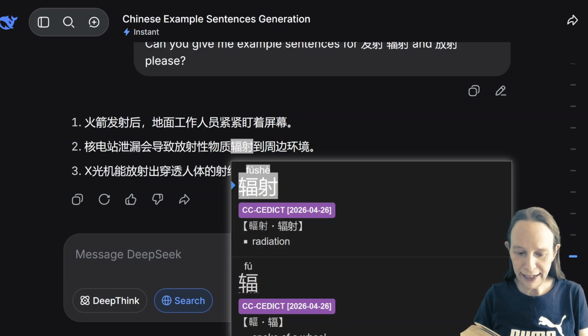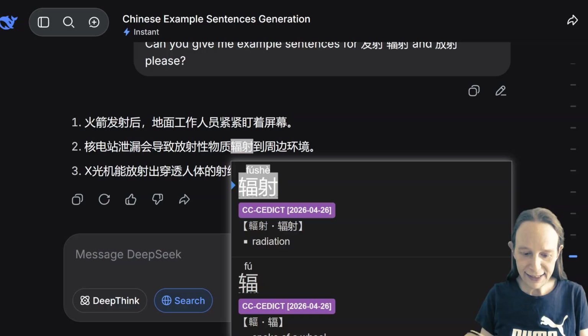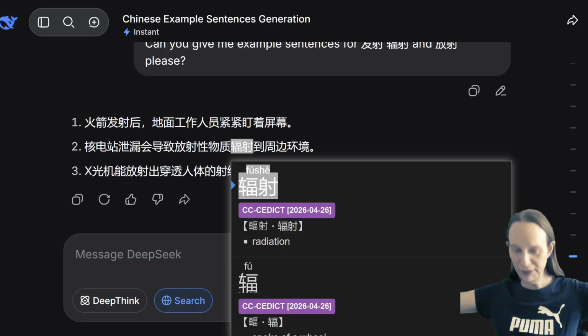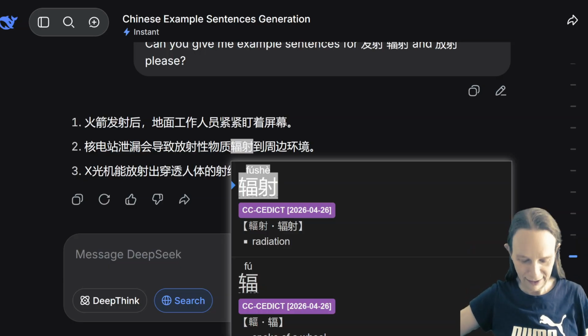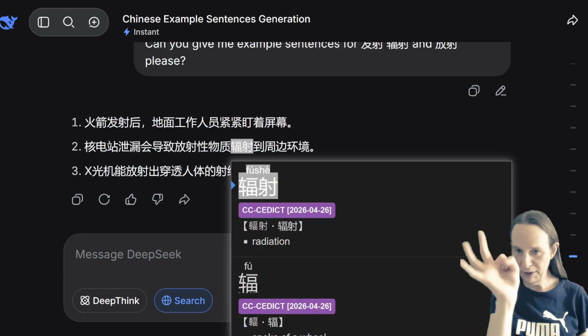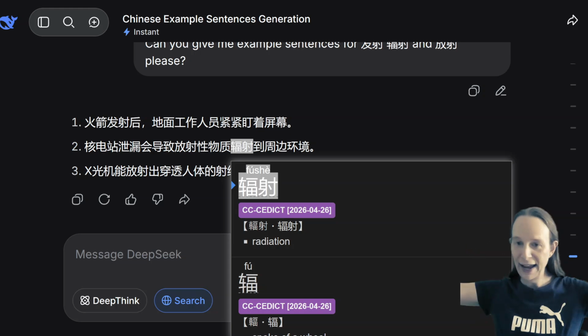Okay. 热的一种传播方式，光或热有一点向四周直线发散出去. So a verb saying the emission of heat. And the second example was from a point going out in all directions.